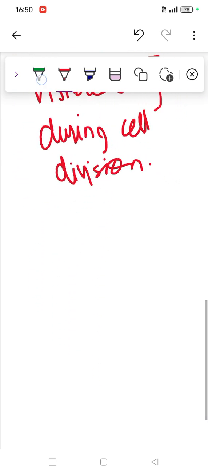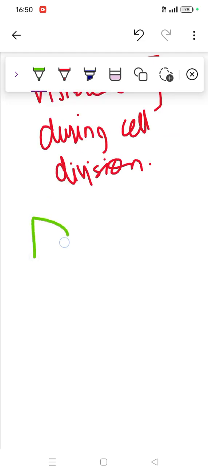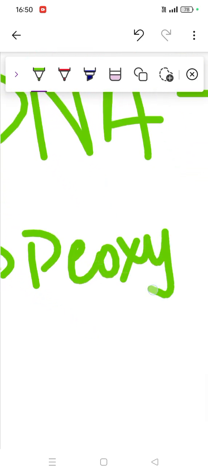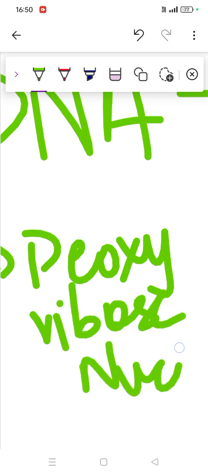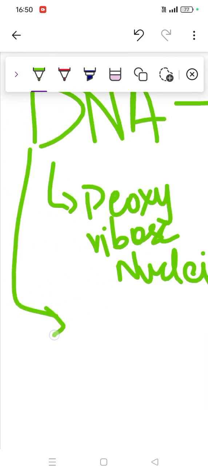Then we have a new, not new, topic, DNA. And of course, we are studying class 12, so I hope you know. DNA is deoxyribonucleic acid, a nucleic acid. It is also a double helix structure.